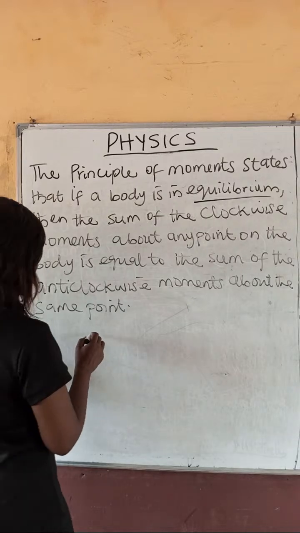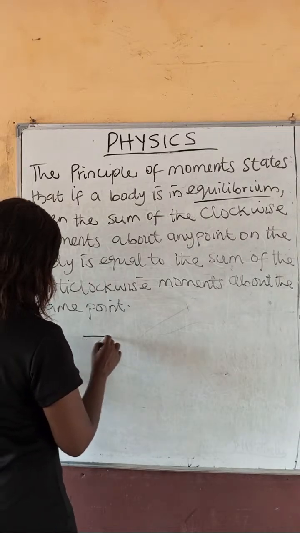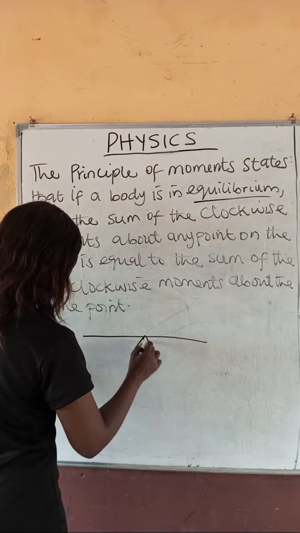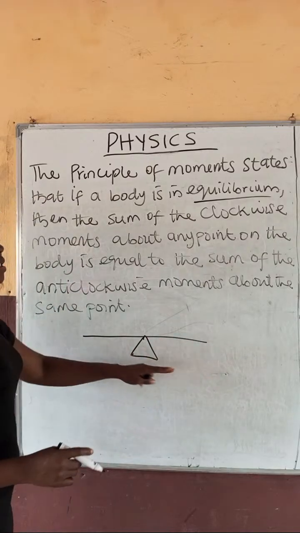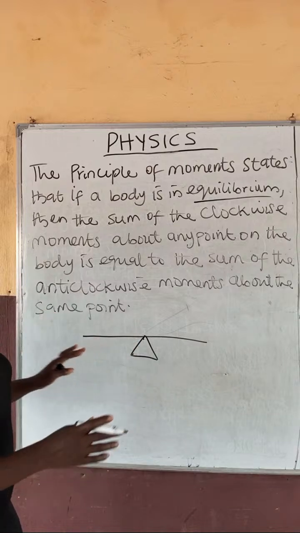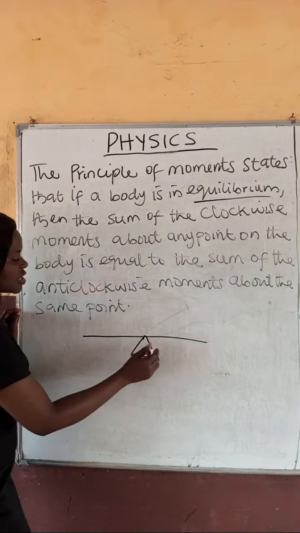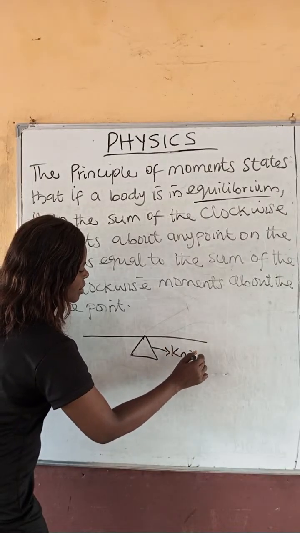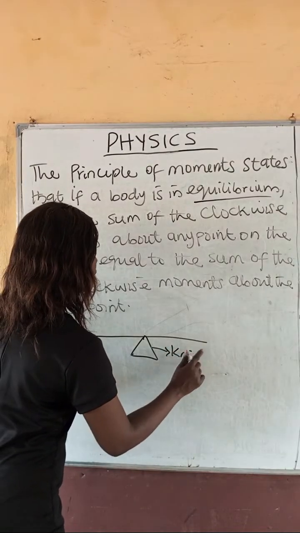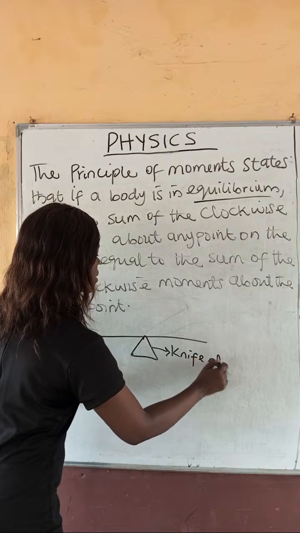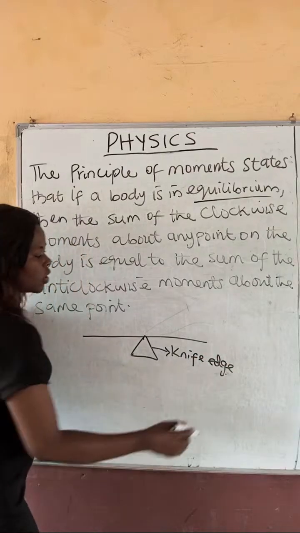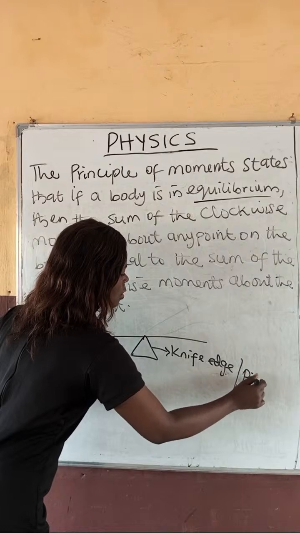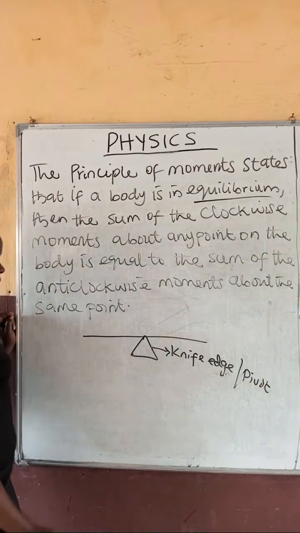So, by the illustration I gave you, I have this. If this body is in equilibrium, that means the body is balanced on this knife edge. This is called knife edge or pivot, right?